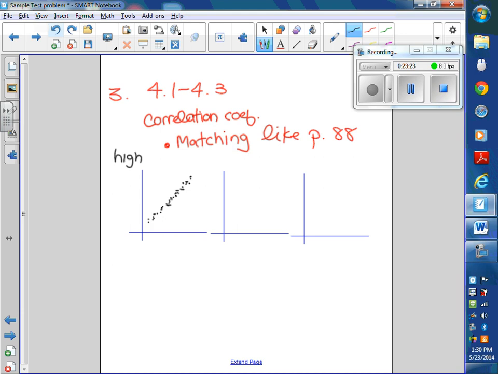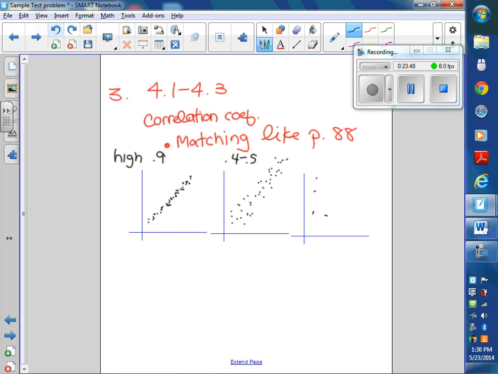Since it's positive, it might be like maybe high like a 0.9. You might have something that's pretty linear, but definitely not clustered quite like that. That would be a positive correlation, but maybe it's more like a 0.4 or a 0.5. Meaning that it's linear-ish, but you're not really tightly knit around that line.